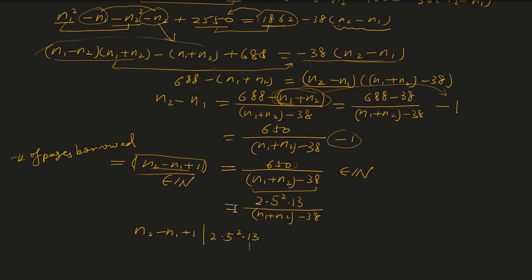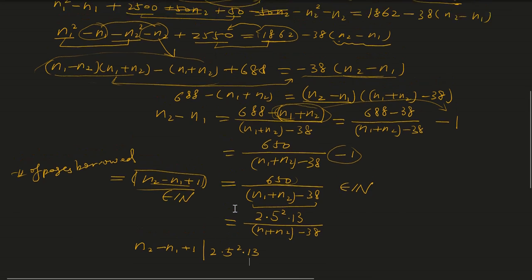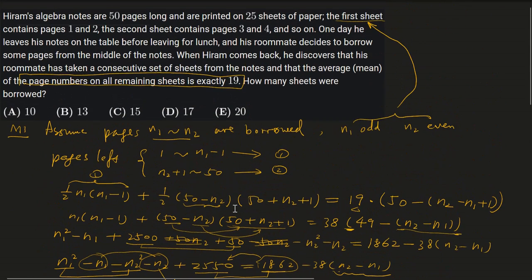Then let's look at the question and the 5 choices. So the question is about the number of sheets, but that's okay. The number of sheets is basically n2 minus n1 plus 1 divided by 2, right? So it should still be a factor of this 650, which is 2 times 5 squared times 13.